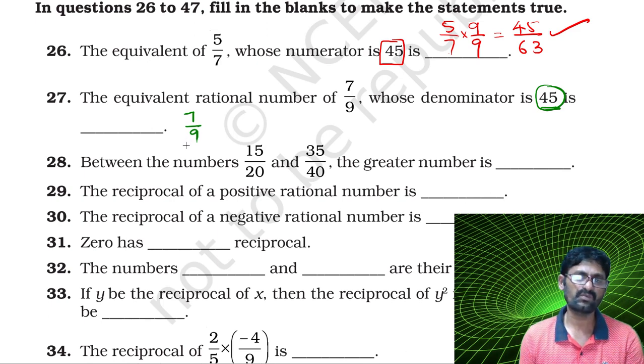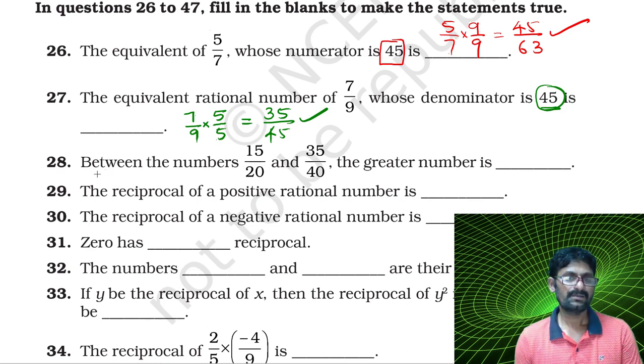To get 45, just multiply both numerator and denominator by 5. So 7 times 5 is 35, divided by 9 times 5 is 45. So the equivalent number for 7 by 9 is 35 by 45.